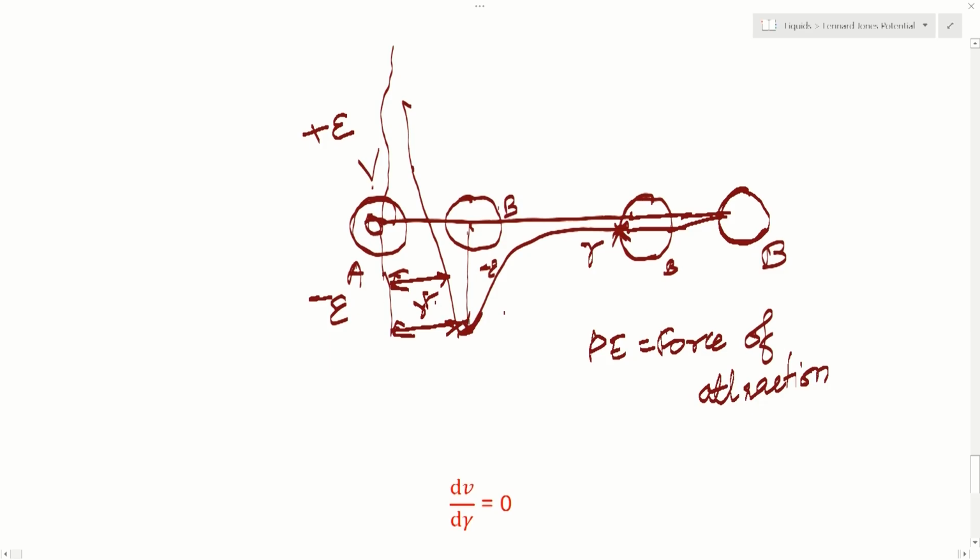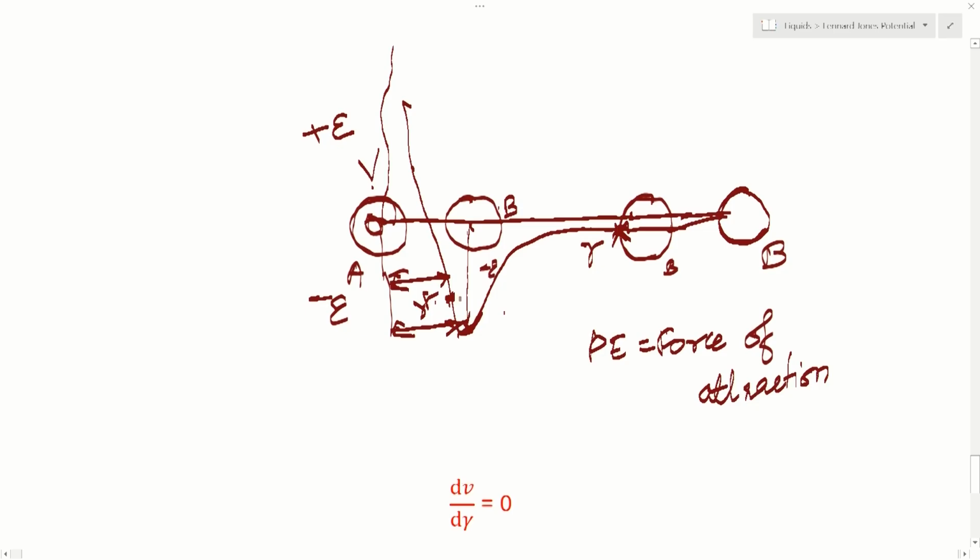Now assume that the B molecule is somewhere here. Then the interaction between the two molecules is due to the repulsive force.